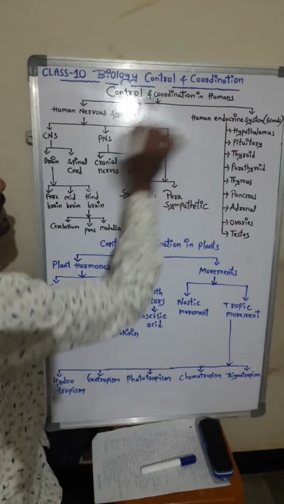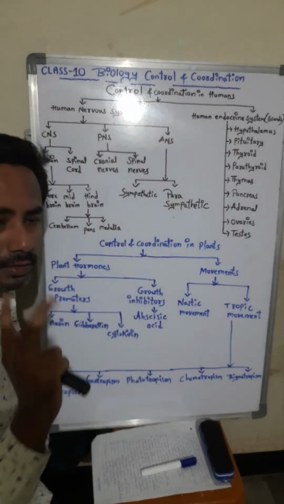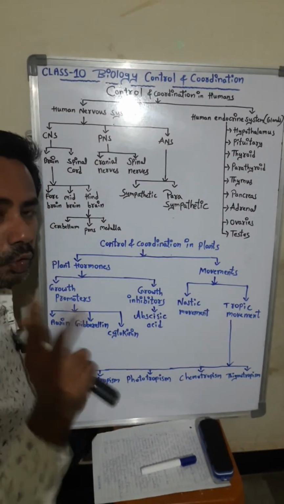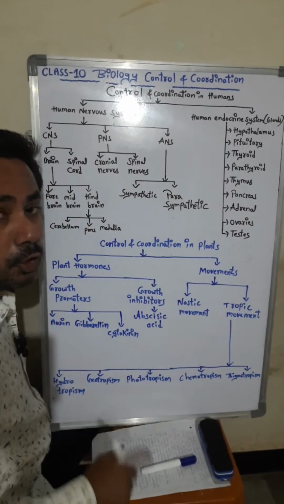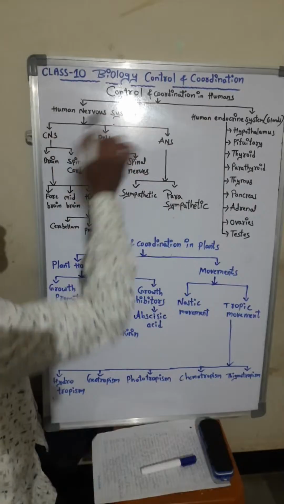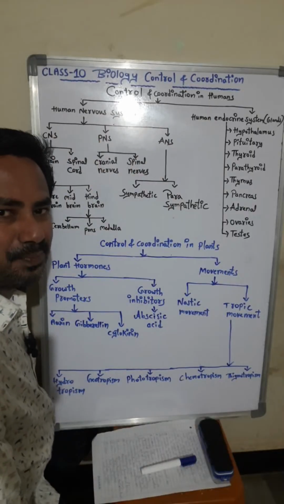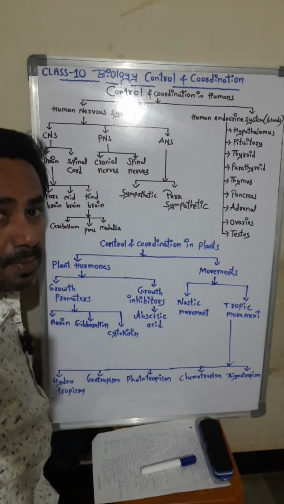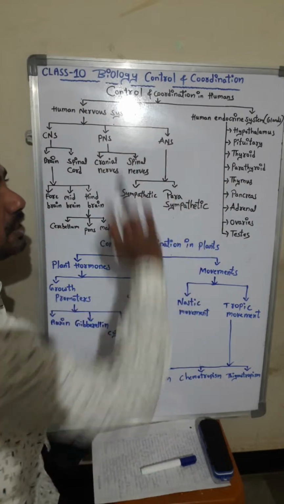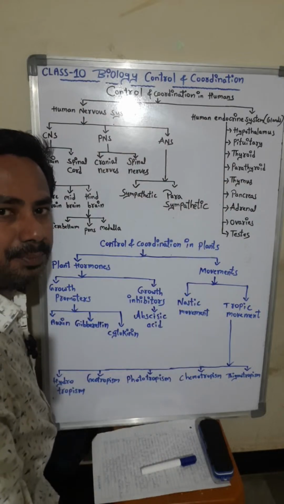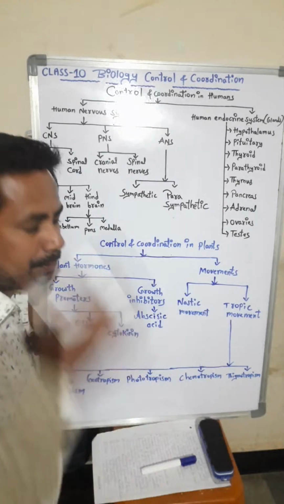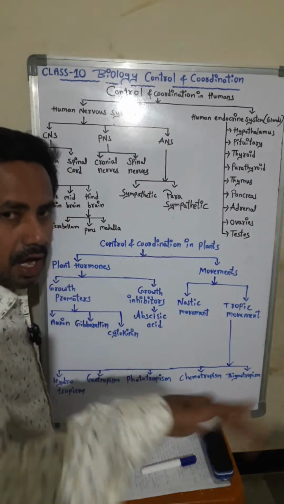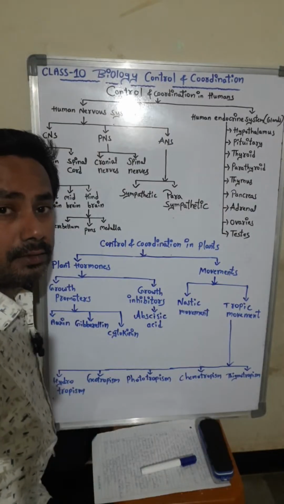So control and coordination in humans is done in two ways, students. First, the human nervous system, our nervous system. And the second one is the human endocrine system. See, the human nervous system is nothing but the brain, and nerves are everywhere in our body.